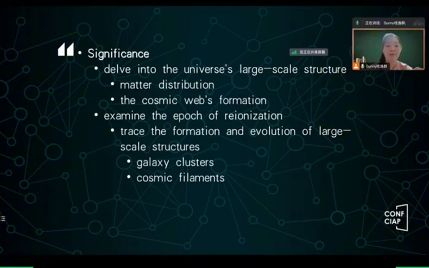For example, matter distribution and the cosmic web's formation, and it can also help examine the approach of reionization by tracing the formation and evolution of large-scale structures, for example, galaxy clusters and cosmic filaments.